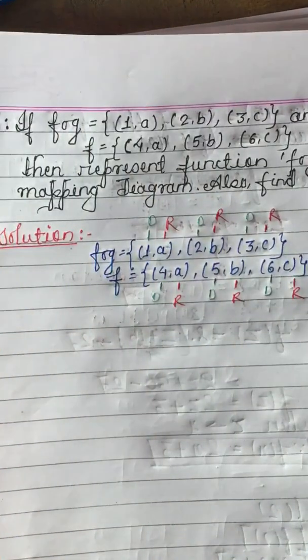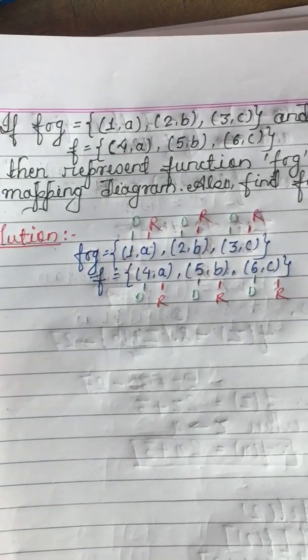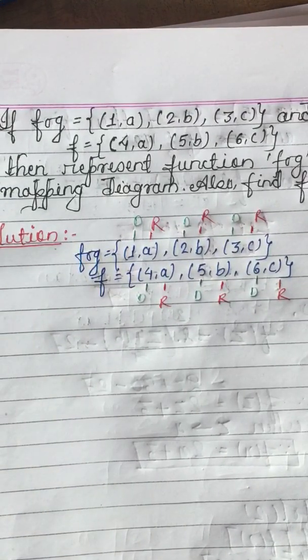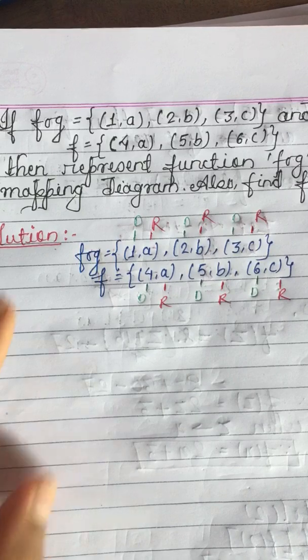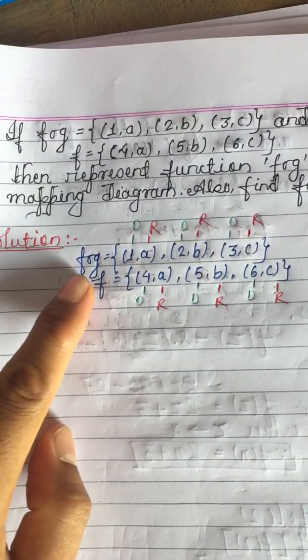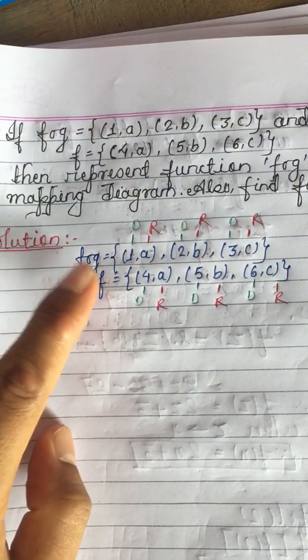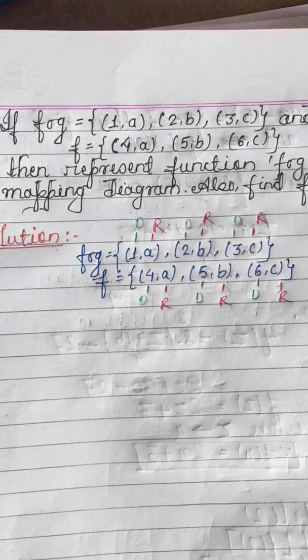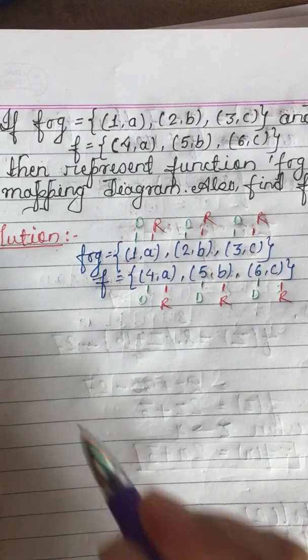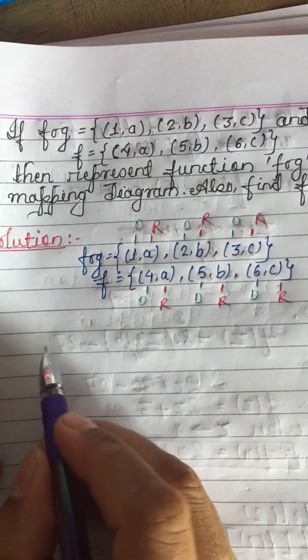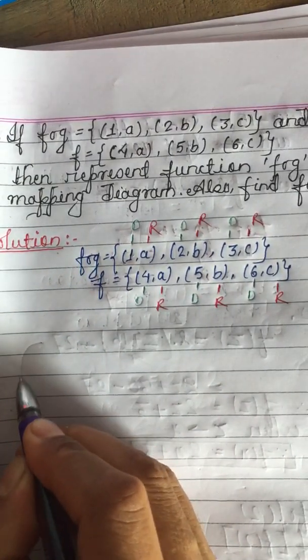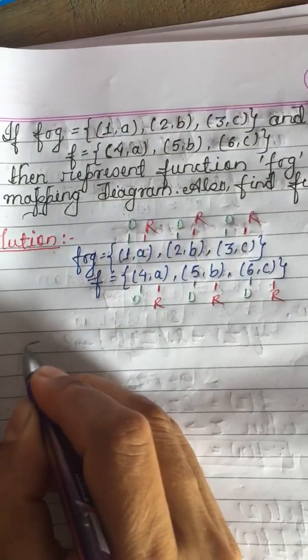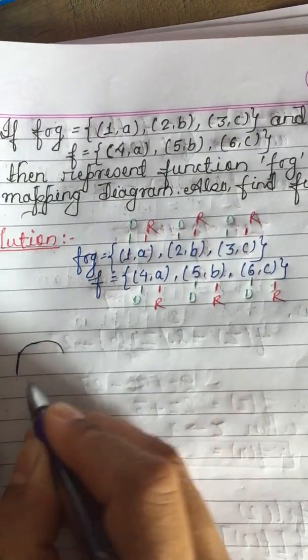Then the next thing we have to be clear about is which is the function which takes the input first. And in composite function FOG, G is the function which takes the input first. Now if we know these two things, then we can draw a structure, a format for a mapping diagram, which is drawn with this sort of shape.